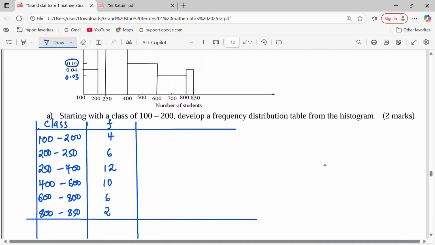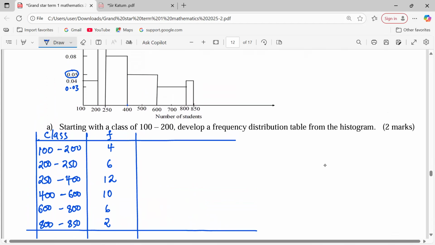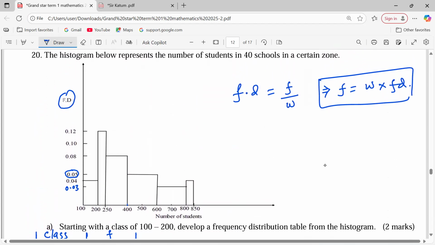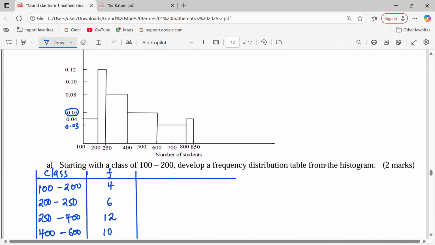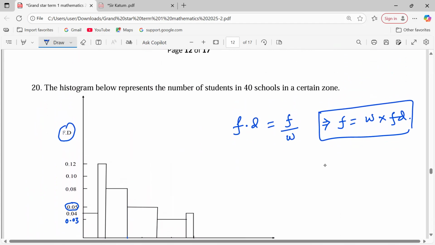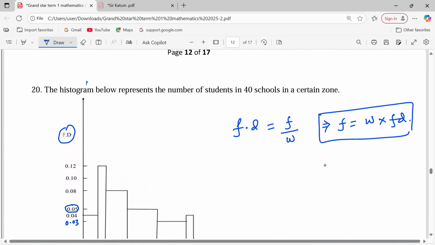What you should be very careful with is that histograms are different. We have a histogram where class intervals are the same, and in such cases you just have frequency against boundaries.